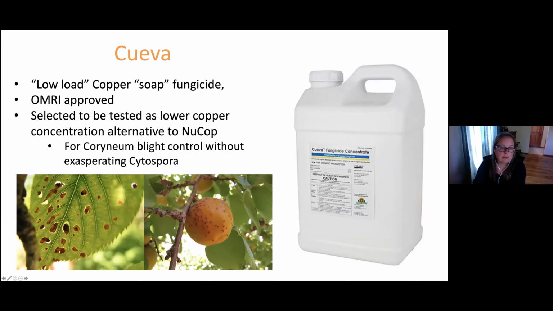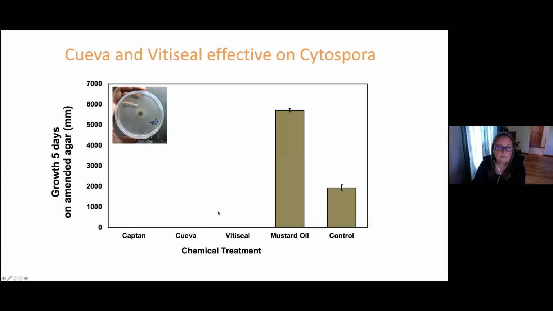It's a foliar pathogen that you can see here that also hits the fruit. So we've tested this in plate. We tested it and Vitaseal, and they do appear in the plate to be effective against Cytospora. We compared them to mustard oil, which wasn't effective at all. But further work needs to be done to take this into the field.